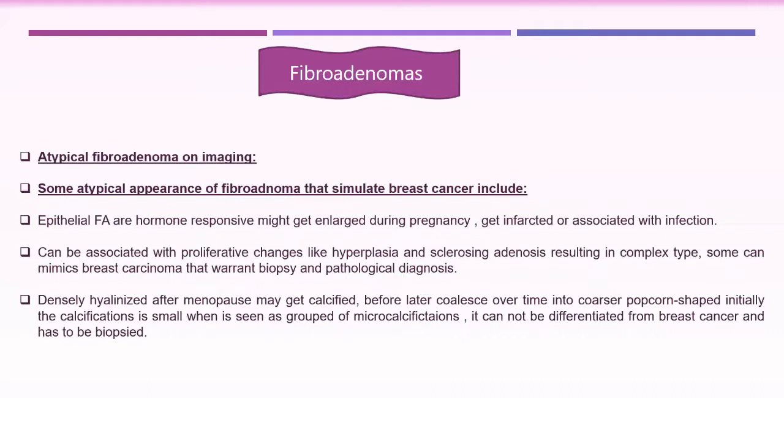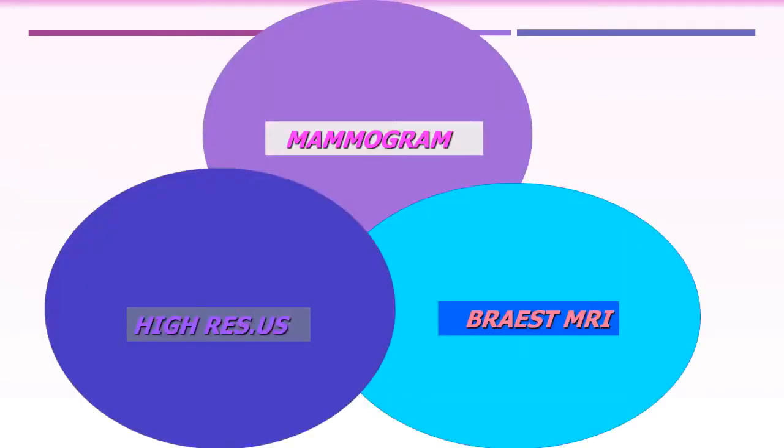In this case it also has to be excised when it becomes complex. And when it is getting hyalinized, it will be irregular, simulating breast cancer, and early on, in a baseline study, we cannot differentiate it. We have to do biopsy for confirmation, especially if it is associated with microcalcifications before getting the typical popcorn type of calcification of hyalinized fibroadenoma. Okay.